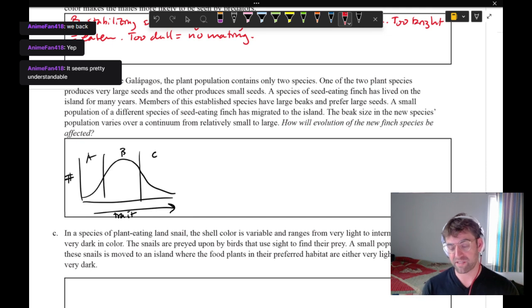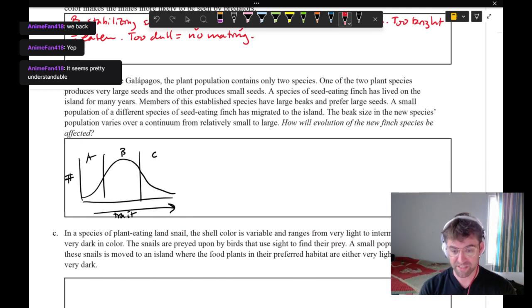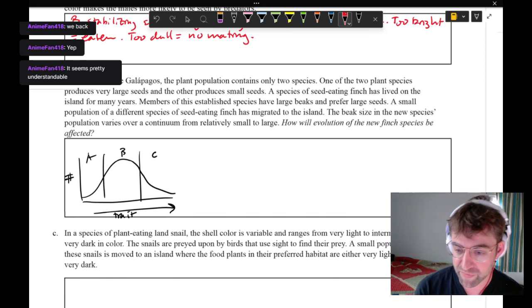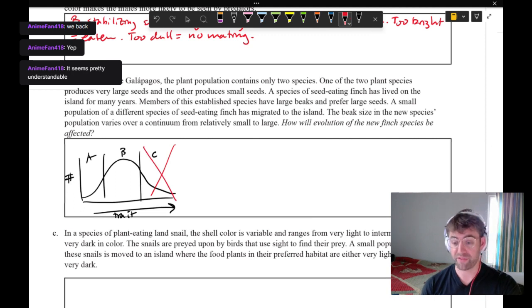So beak size is one of the traits that we are selecting for. We're not worried about seeds, right? In this particular case, we're interested in what will happen to the new finch species. If the existing finches already have large beaks, they're eating all of the large seeds, the new population of finches is going to be in direct competition with them, right? So that rules out this extreme.